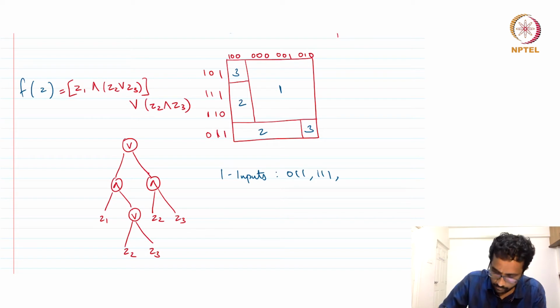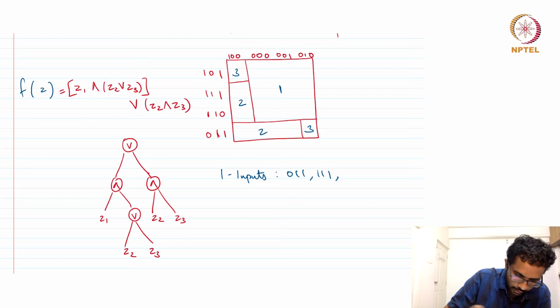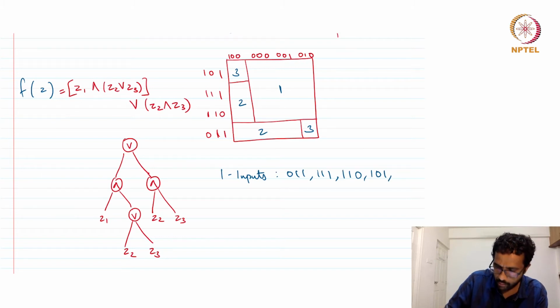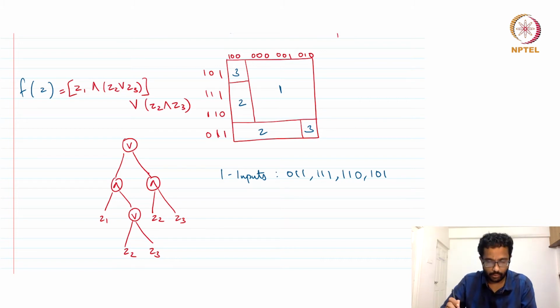So you could have 110 or 101 or 111, which is already written. These are the 4 1 inputs, and you can verify this.